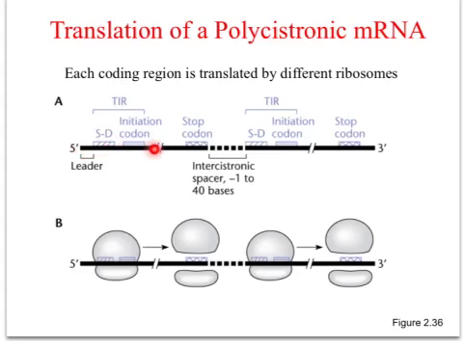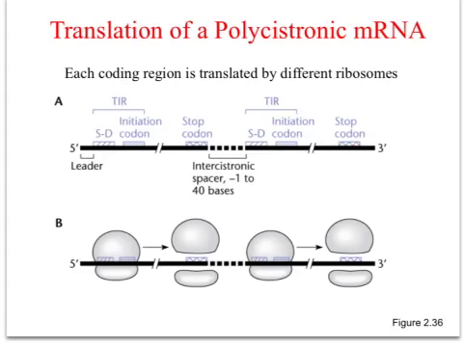So this is the messenger RNA. This is the sequence that binds to the ribosome, the Shine-Dalgarno sequence, the initiation codon AUG, and the stop codon. That's followed by the second translation initiation region, which has its own Shine-Dalgarno sequence, its own initiation codon, its own stop codon. In between is the coding region for this gene.